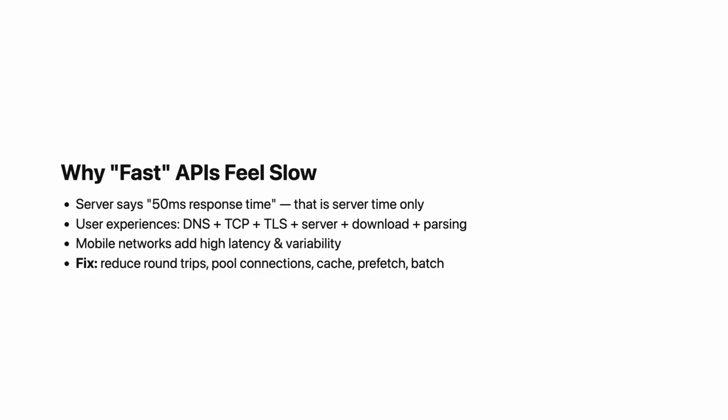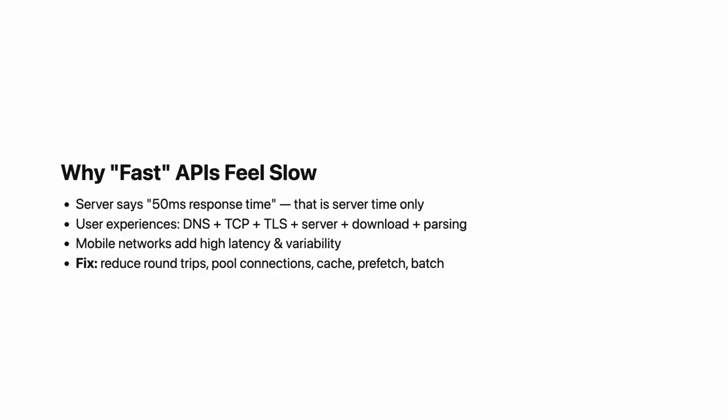But your user on the mobile network experiences DNS plus TCP plus TLS plus server time plus download time. Add to that serialization time for parsing the JSON response and any UI thread work needed to display the result. The user perceives maybe 600 to 800 milliseconds. Under poor network conditions, it could be over a second.